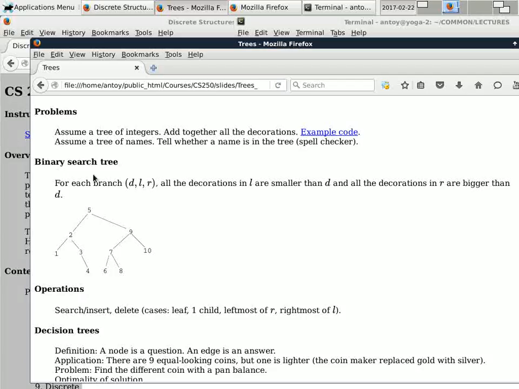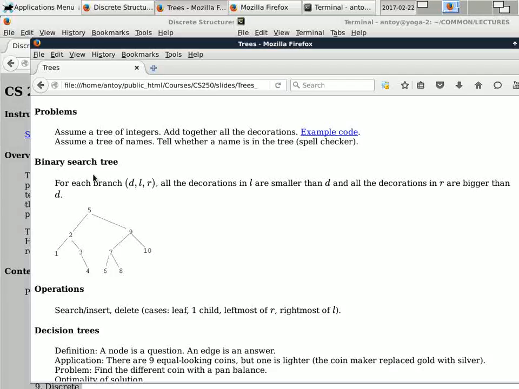To delete, we do it by cases. If it is a leaf, you just get rid of it, and no one knows. If it has only one child, you pull the child into the position of the value that you want to delete. In the implementation, you just move the pointer.